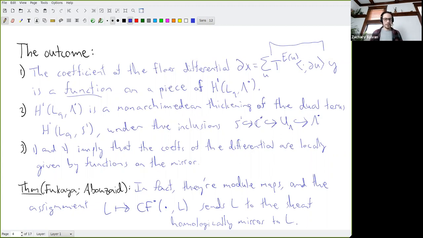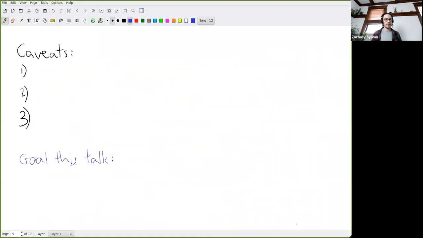So I guess I'll list some caveats and then pause for questions. The first caveat is that we assume that there aren't any bad holomorphic curves.